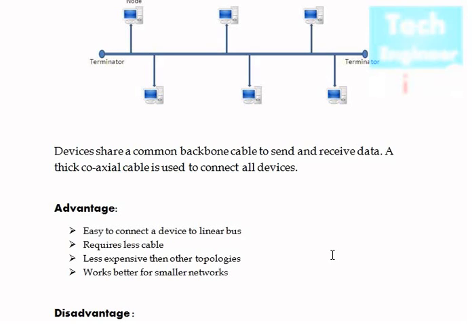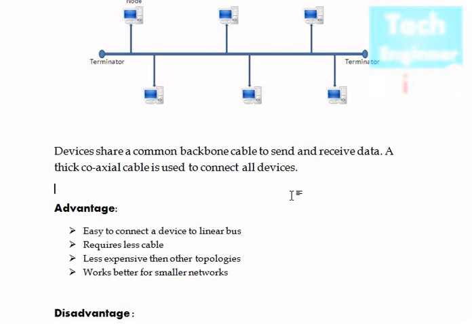So one device is connected at one position, another device at a different position along the backbone cable. I mean, these are the different positions. So this cable will be known as the trunk.